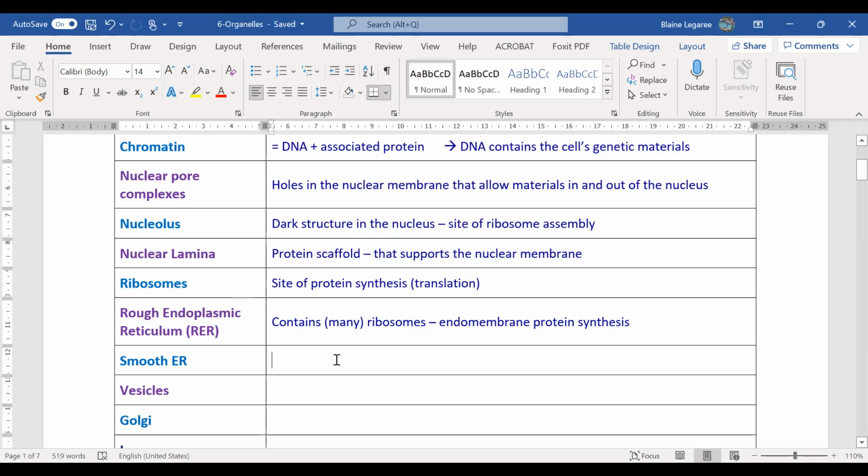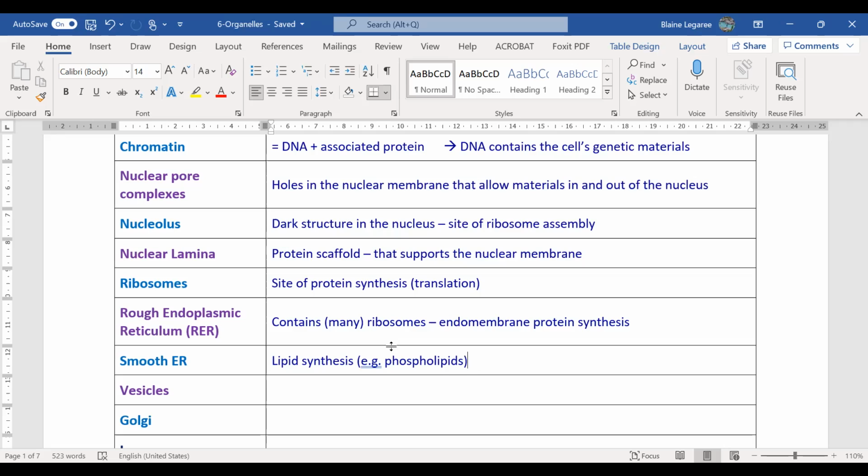The smooth ER is involved in lipid synthesis. And the example I gave was phospholipids. Okay, and there are other things that the smooth ER does, like I said, that are tissue specific, and I won't be asking you about, but things like storing calcium in your muscles or detoxifying drugs in your liver. In plants, they do lots of weird and wonderful things as well, but not going to get into that.